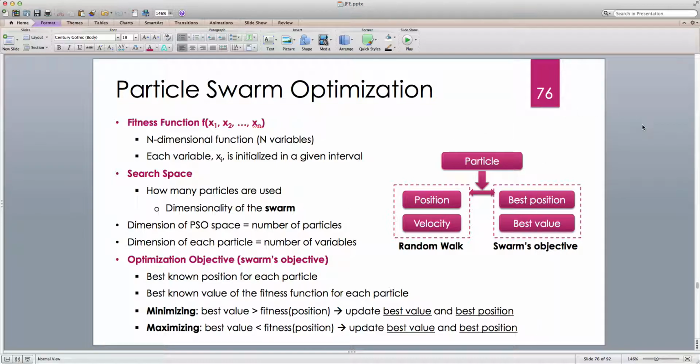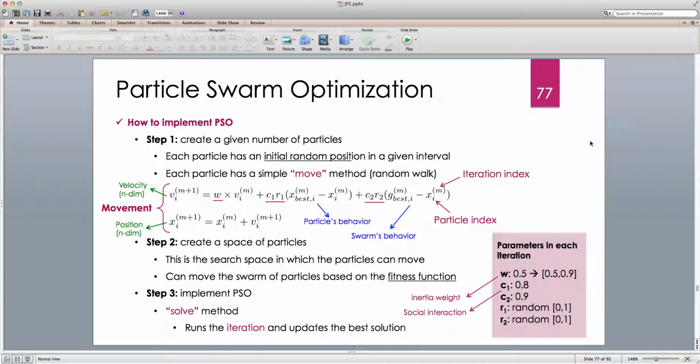All right. And we said that we can update the velocity and the position of particles based on the particle's behavior, or basically these two extra terms, which are the social factors or social behavior of the particle. The first one is tracing the best path for the particle based on the fitness function.